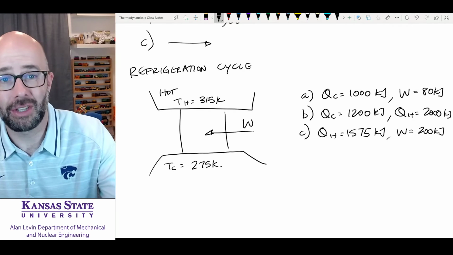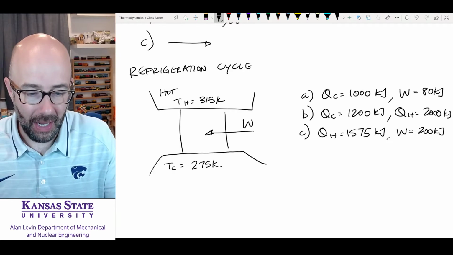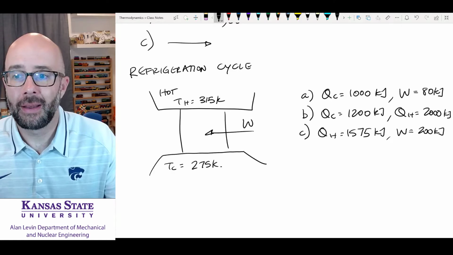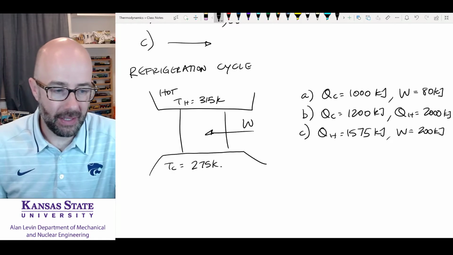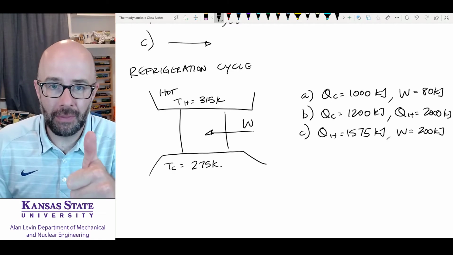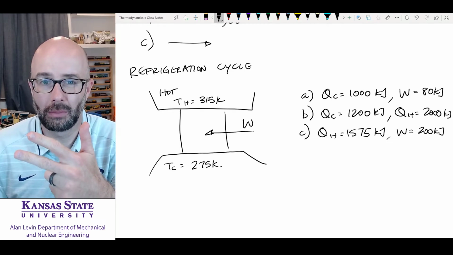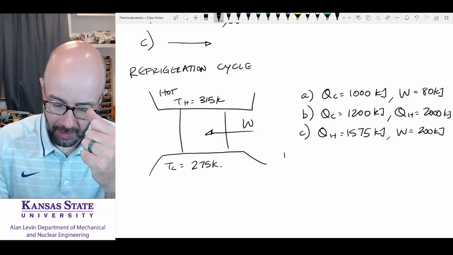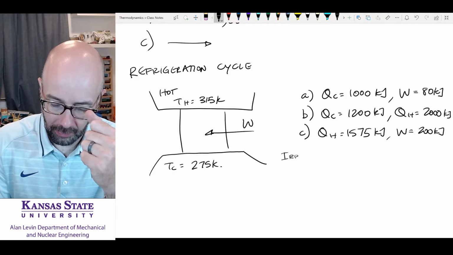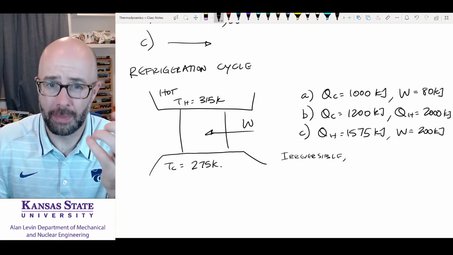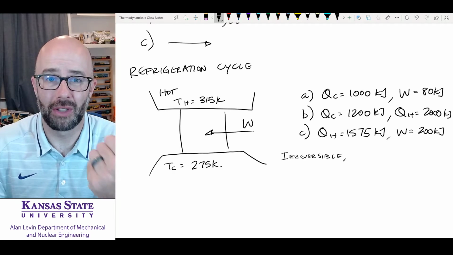And so what you're going to have to do is figure out, in each case, is this irreversible, reversible, or impossible? Okay, so we're saying, is it irreversible, which means it's real.